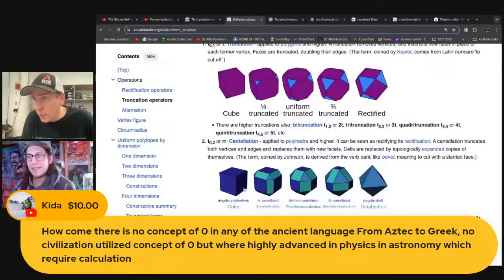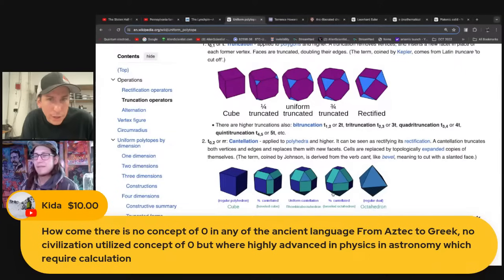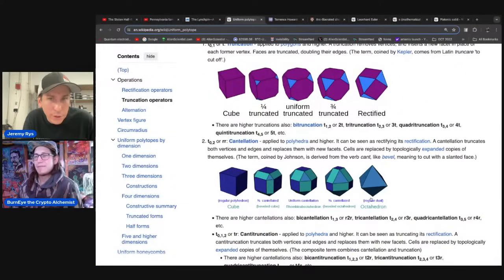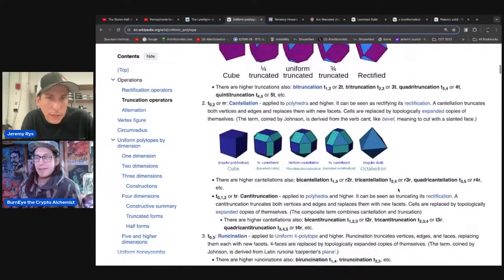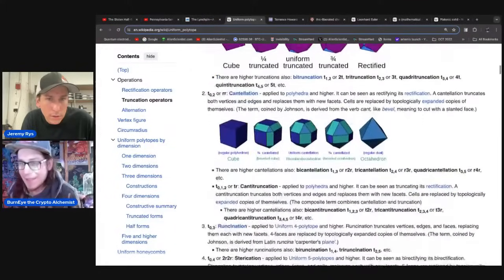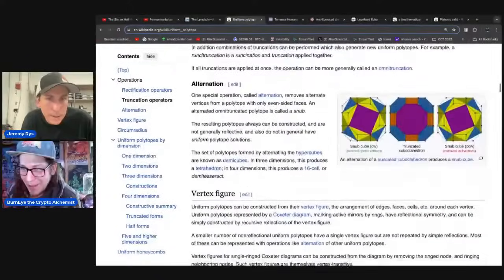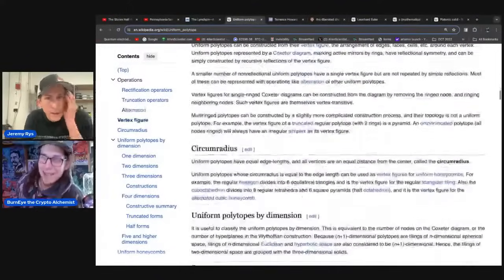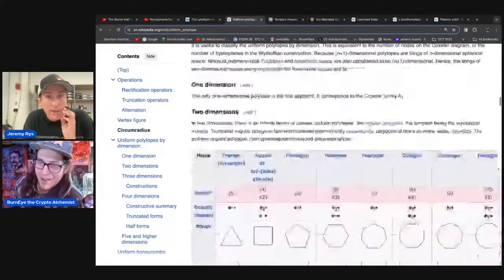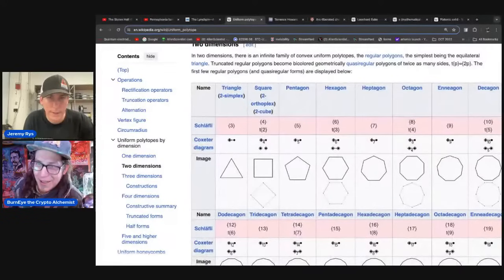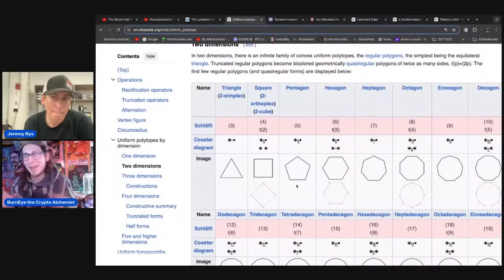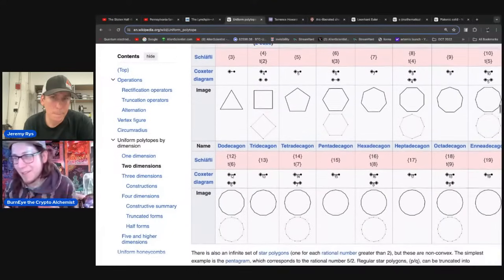This is what I was talking about with the truncation. Here's the cube. There's a quarter way truncated, halfway truncated, 3/4 of the way truncated, and then fully truncated. It becomes the octahedron. Isn't that cool? Right. And so that, I believe, actually might tie into what Howard thinks he's saying in regards to octaves and phase conjugation, and how eventually we'll be able to do this cold fusion through acoustics.